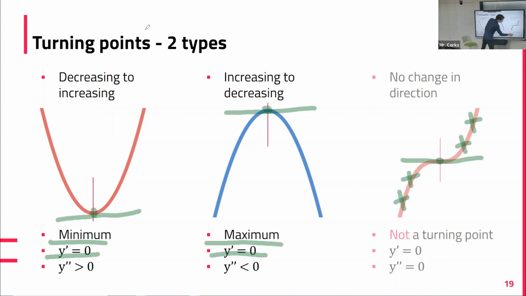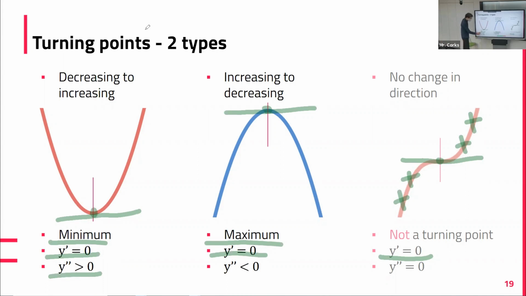But if we found the zeros of the first derivative, this would look like a turning point. So we need one more thing to tell the difference between them, and that is going to be second derivatives. I'll talk a little bit about them today and a lot more in our next class. But for today, this is all we need to know.